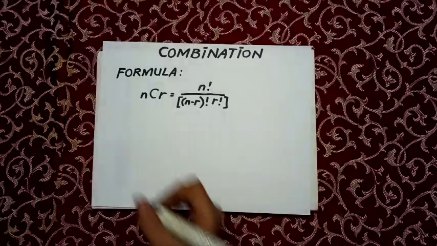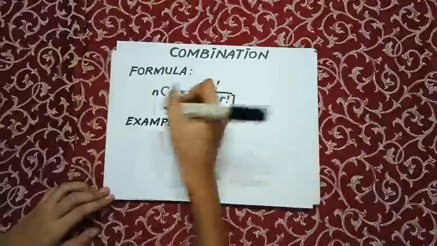In mathematics, a combination is a selection of items from a collection such that the order of selection does not matter. The formula for combination is n choose r equals n factorial divided by the quantity of n minus r factorial times r factorial.